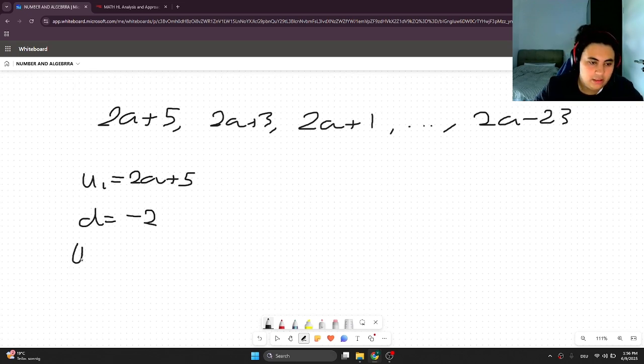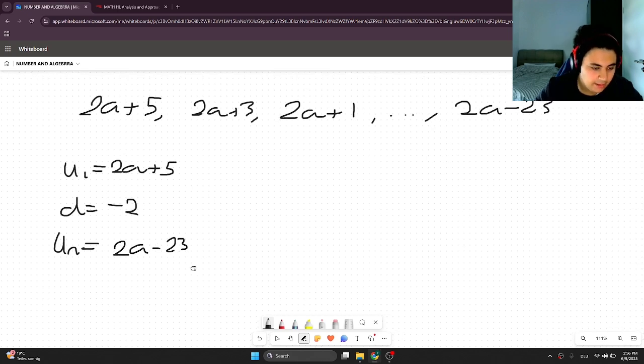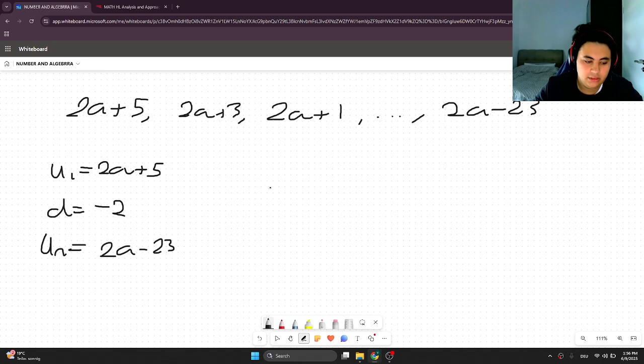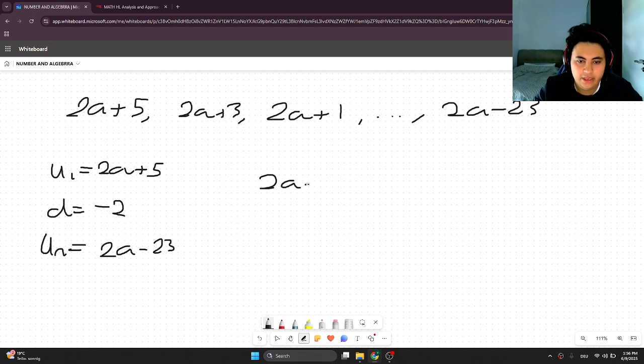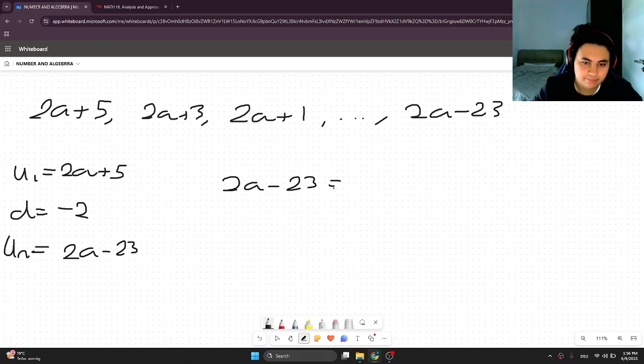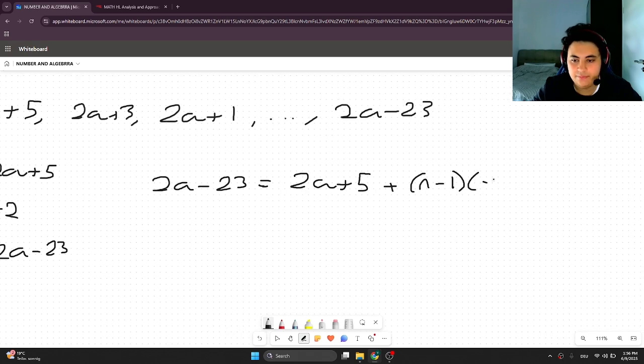Then un is going to equal 2a minus 23. So now let's find the total. Oh my god, what are we finding again? We are finding the number of terms. Sorry. So we have 2a minus 23 is equal to u1, which is 2a plus 5, plus n minus 1 times negative 2.